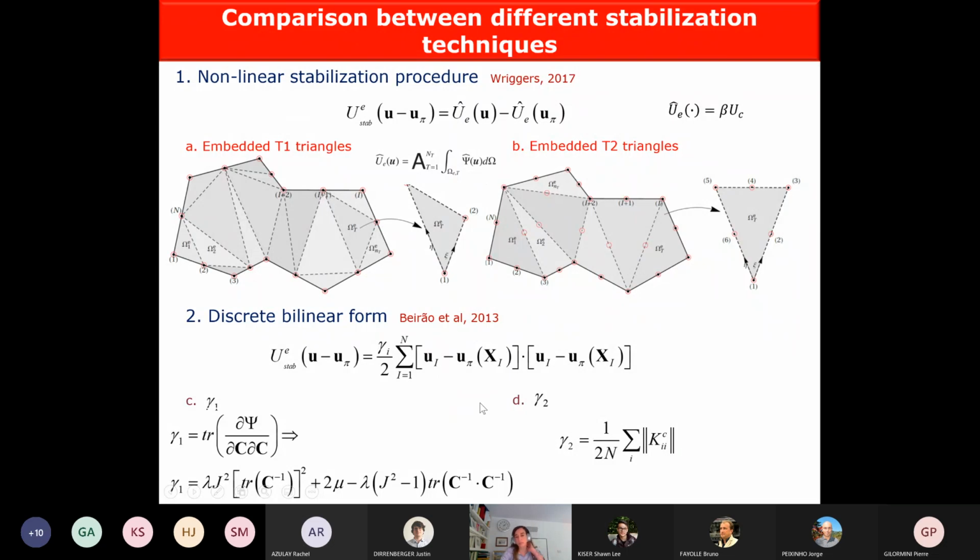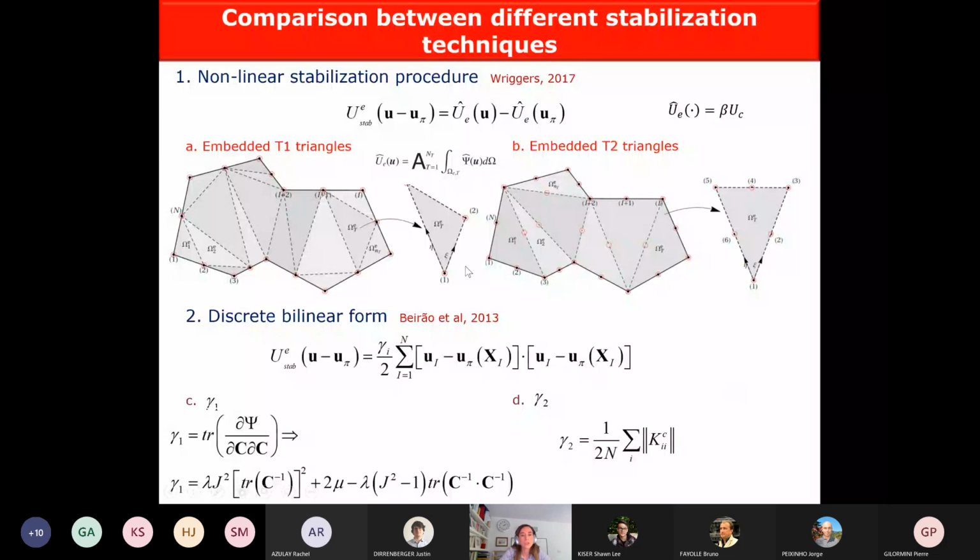Concerning gamma, it is a stabilization parameter, and we consider two possibilities. In a first case, gamma 1 is equal to the trace of the constitutive tensor that can be, for this neo-Hookean type model, evaluated analytically, while gamma 2, a second possible stabilization parameter, is related to the trace of the stiffness matrix numerically evaluated in the element.